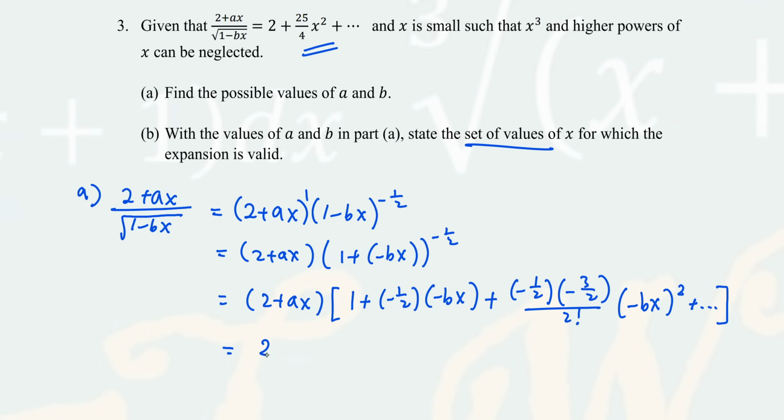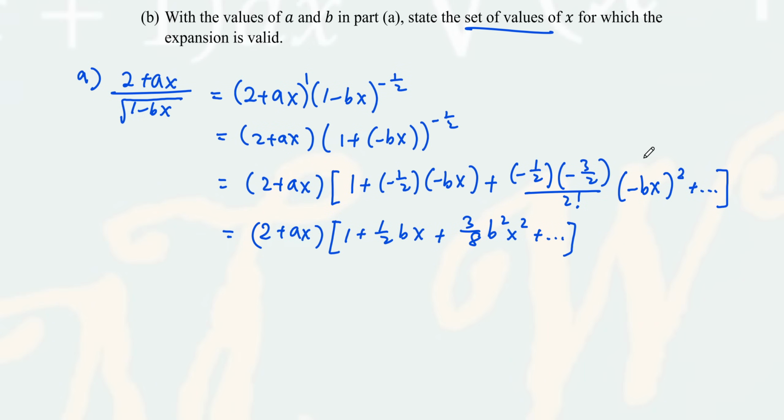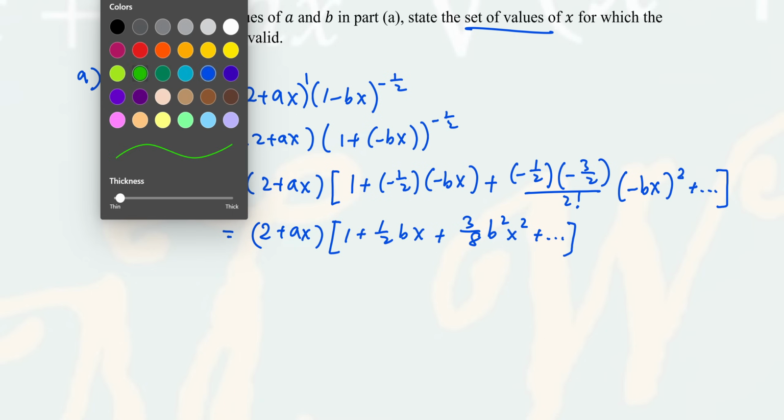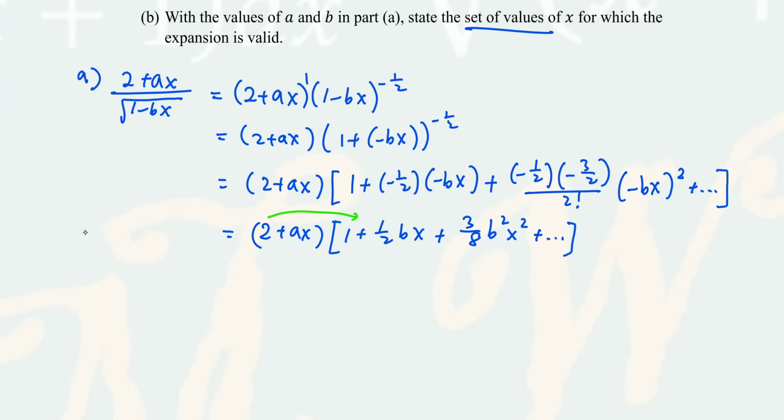So from here, the next step is going to be just simplify all the terms inside the square bracket. Then you will be getting 1 plus half bx plus 3 over 8 b squared x squared. Okay, now for all the terms, you just do the expansion first. So that means the 2 multiplied with the bracket, then followed by the ax multiplied by the bracket.